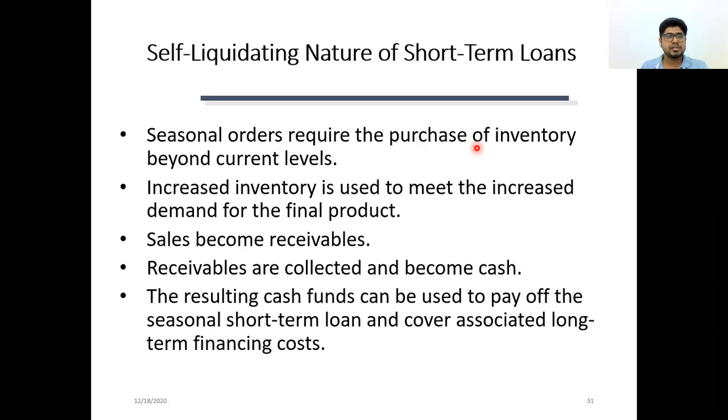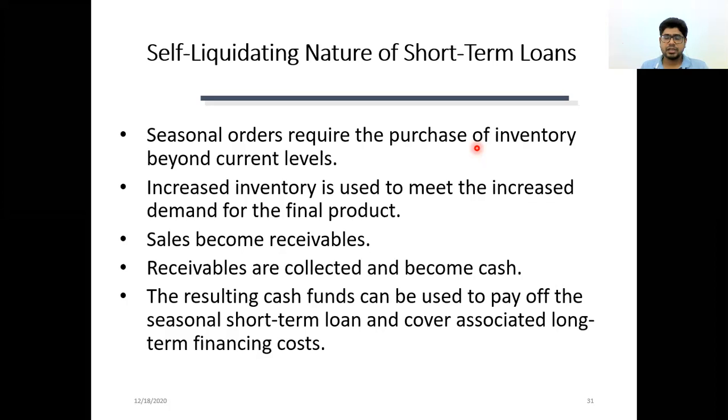If you are a manufacturing organization, during the season you have to purchase a big amount of inventories. For example, if you are a textile businessman producing garments, during the season you have to buy more materials to make garments and apparels.